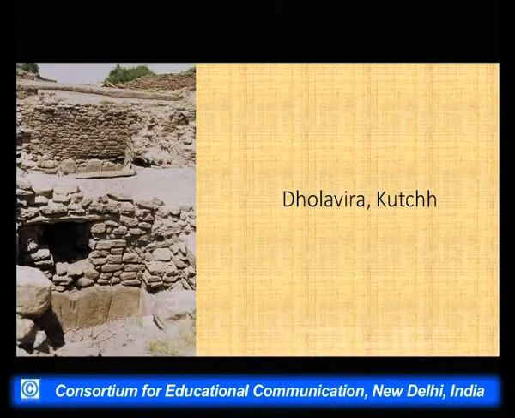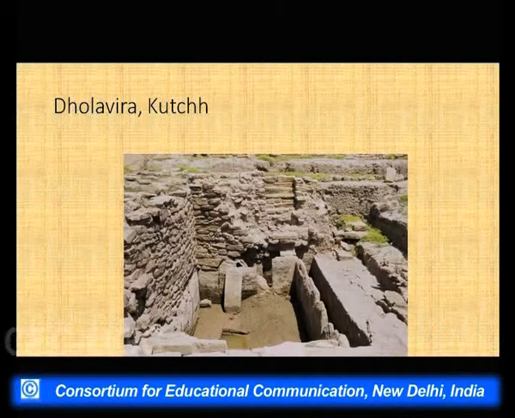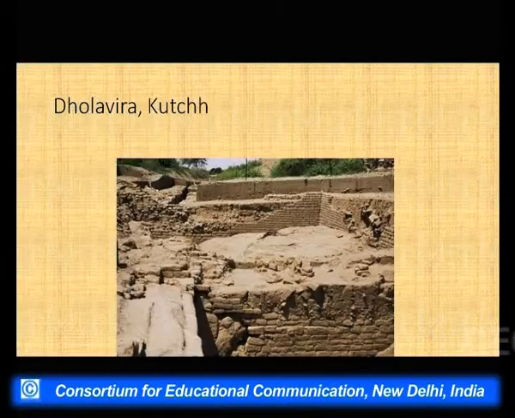Water was a precious resource in a place like Kutch, so there is a large amount of craftsmanship that is devoted to creating water channels like these. So you have water, you can see a channel at one end, right?